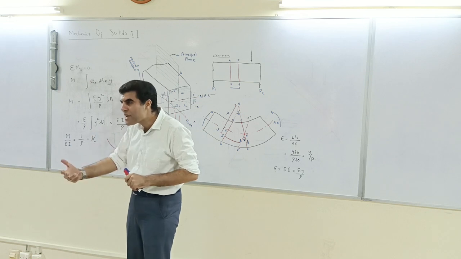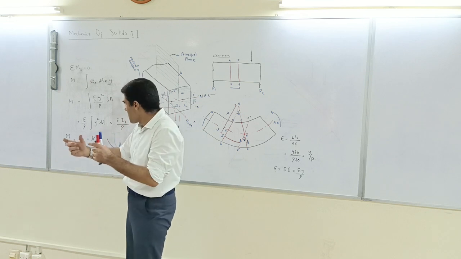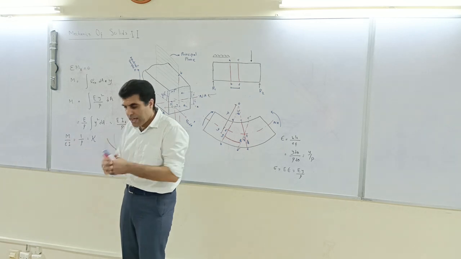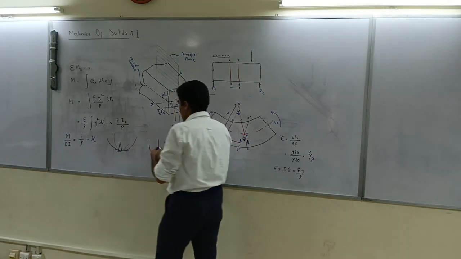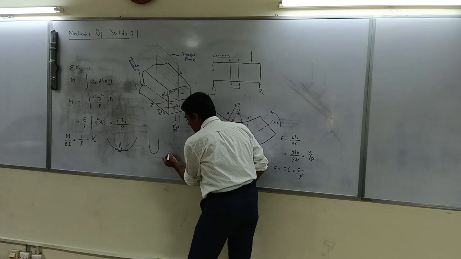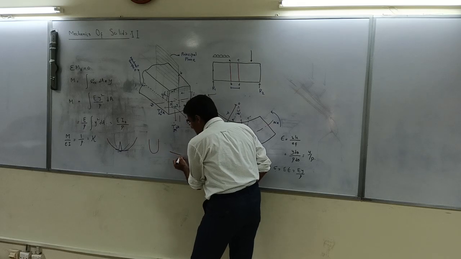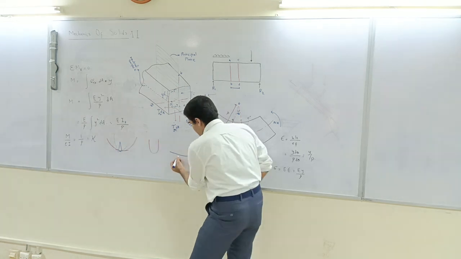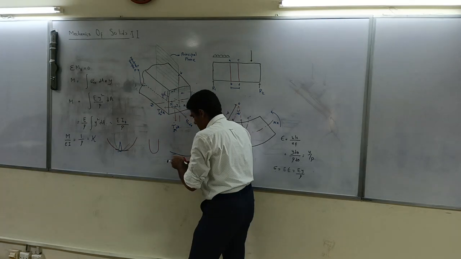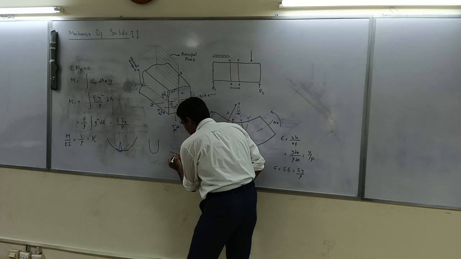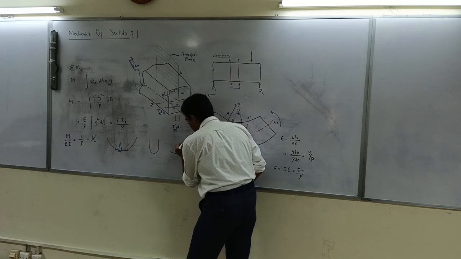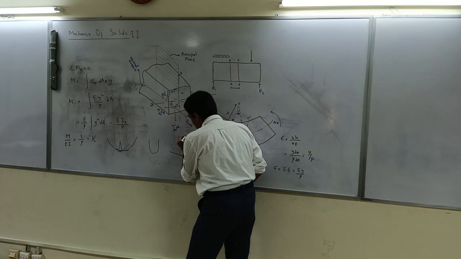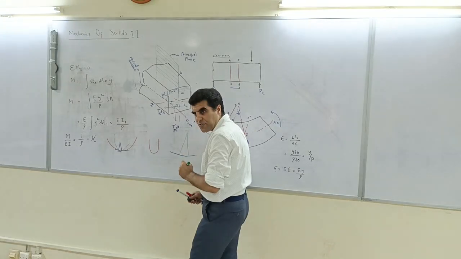And conceptually speaking, if the deflection is very low, it's almost flat, then the radius of curvature is at a very large distance from the point.